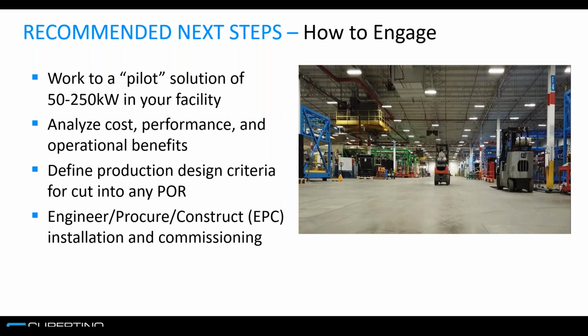We can define production design criteria for cutting into any plan of record, which we think is an important step because it allows us, through the pilot solution, to start to look at that POR. So there's a timely insertion if it's a requirement or if it's something you desire. And then the engineer, procure, and construct EPC of the installation and commissioning.